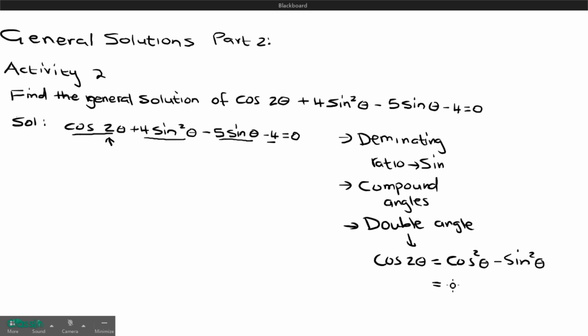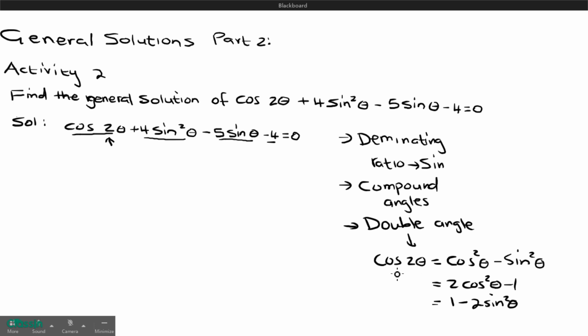It can also be written as 2 cos squared theta minus 1. We can also write it as 1 minus 2 sine squared theta.